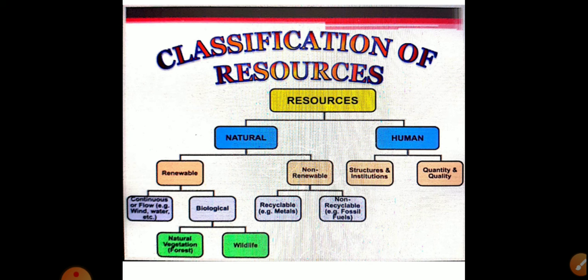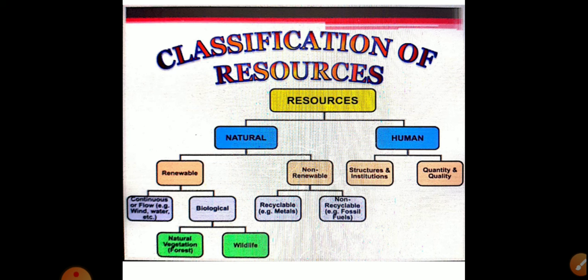Renewable resources we can divide into two parts, continuous or flow resources, and biological resources. Non-renewable resources are recyclable resources and non-recyclable resources. Biological resources we can divide into two parts, natural vegetation and wildlife. Human resources we divide into two parts, structures and institutions, and quantity and quality.